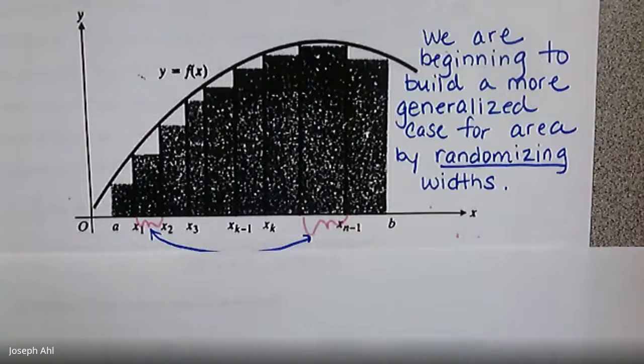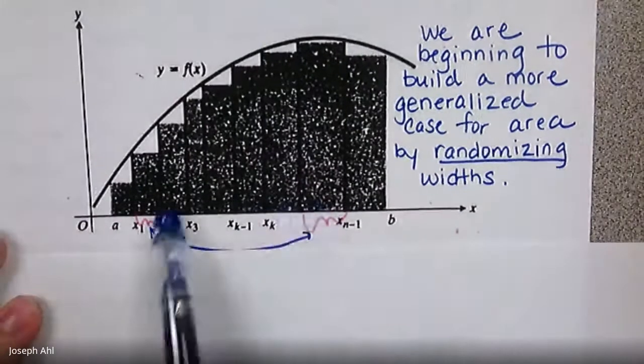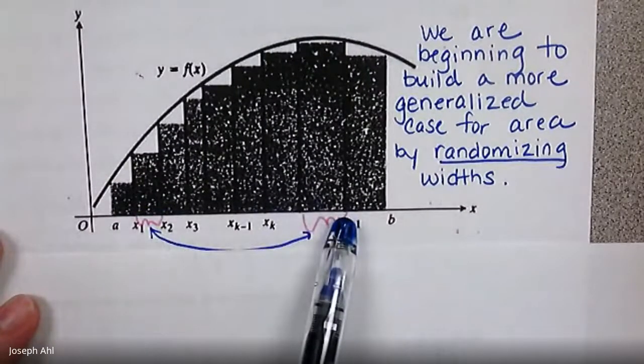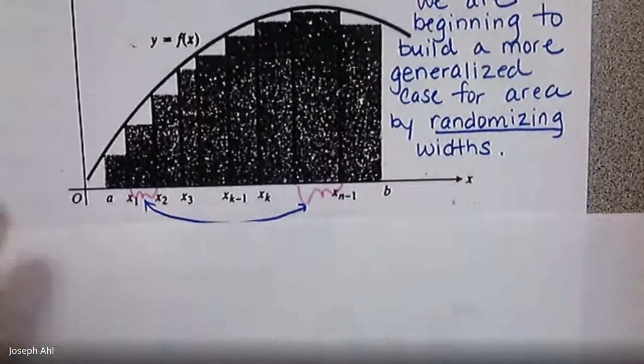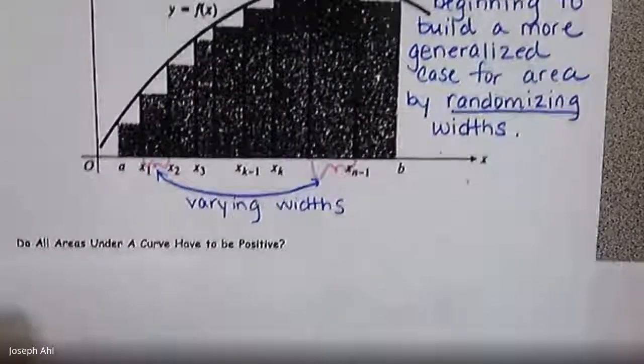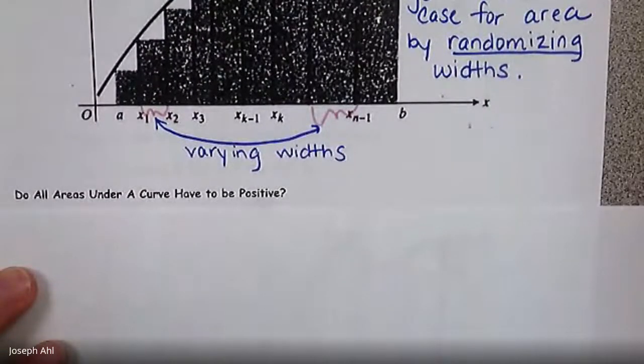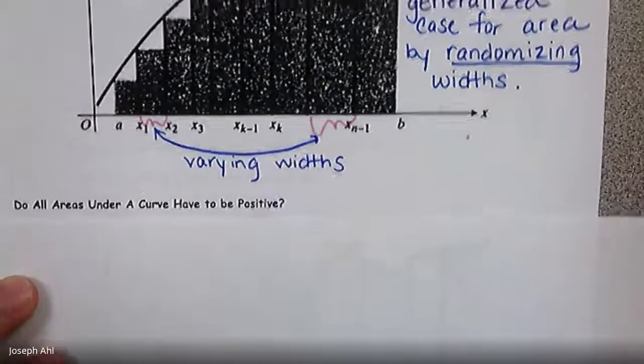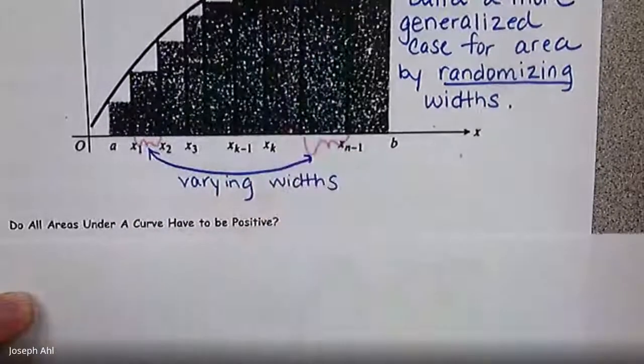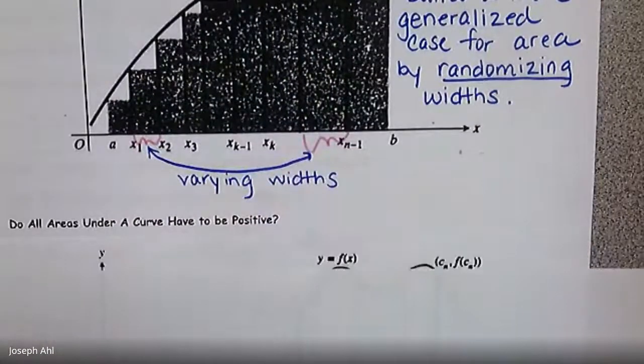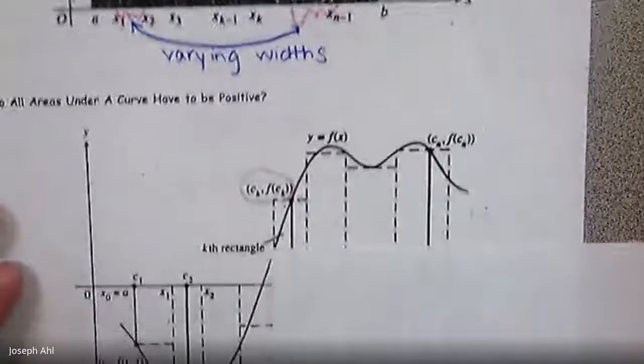But this more generalized case that we're looking at today has a bunch of varying widths. And the last thing that we're going to add on here is, does it have to be all positive? Because every diagram we've looked at up until this point has been for a positive valued function y equals f of x. Well, of course it doesn't, right? I mean, here's a great example of that.